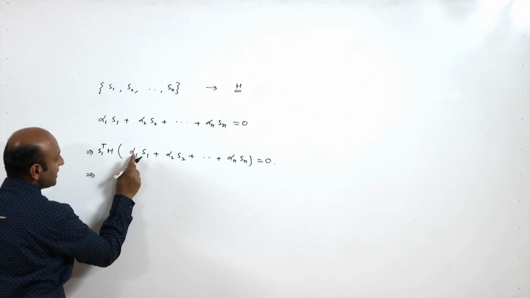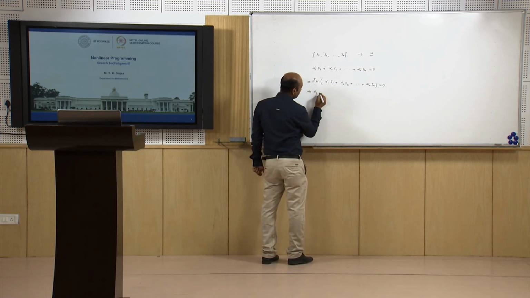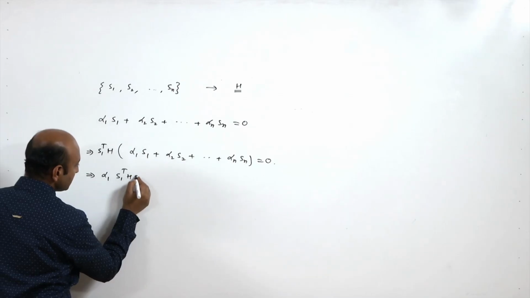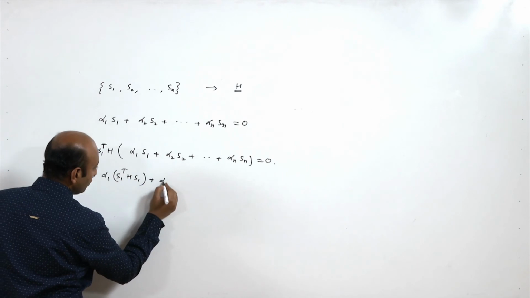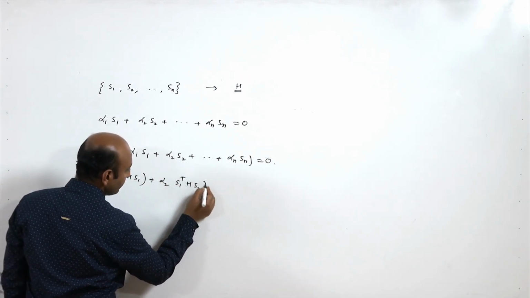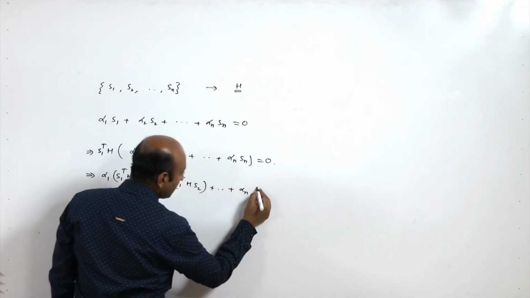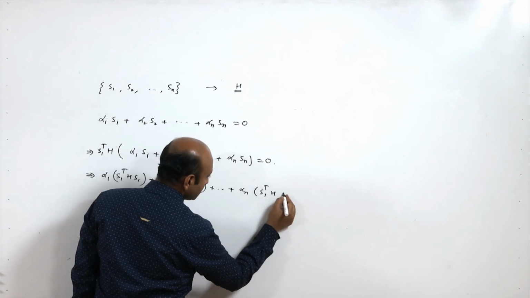Since alpha 1 is a scalar, it can be taken out: alpha 1 S1 transpose H S1, alpha 2 is a scalar, can be taken out, S1 transpose H S2, and so on, alpha n S1 transpose H Sn.